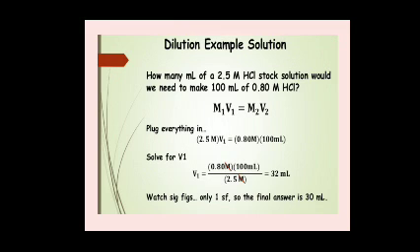Therefore, V1 is equal to 0.80 into 100 by 2.5 M, that is equal to 32 ml. So 32 ml of 2.5 M is needed to make 100 ml of 0.80 M HCl solution.